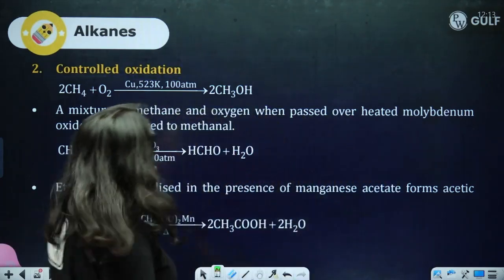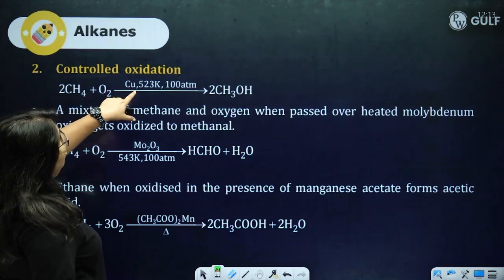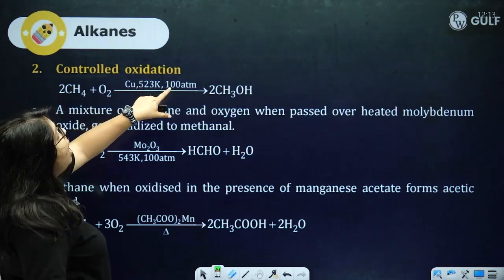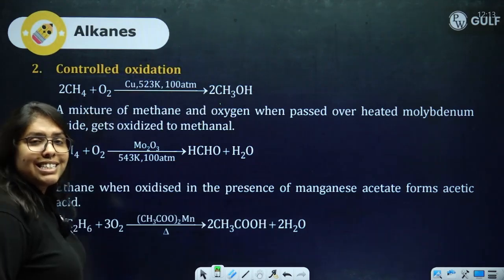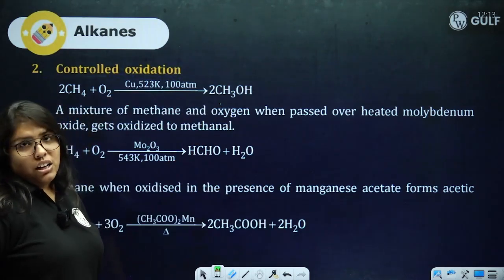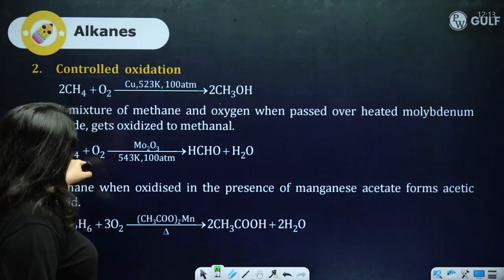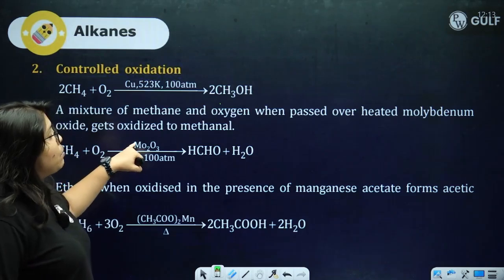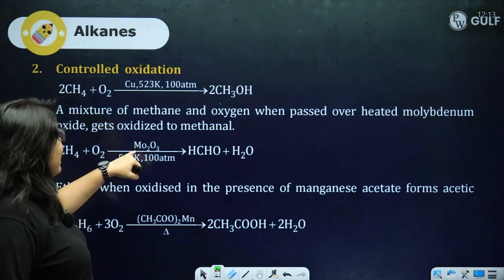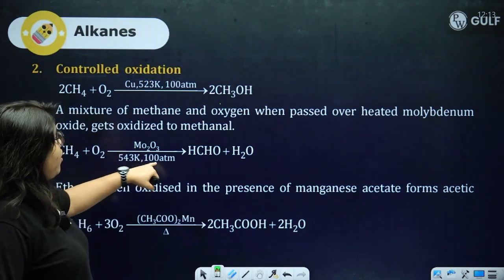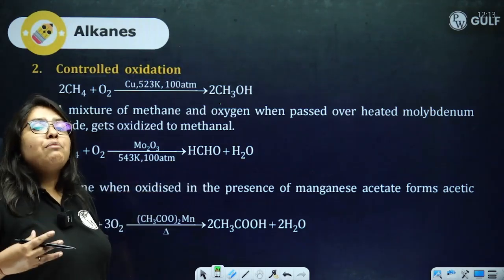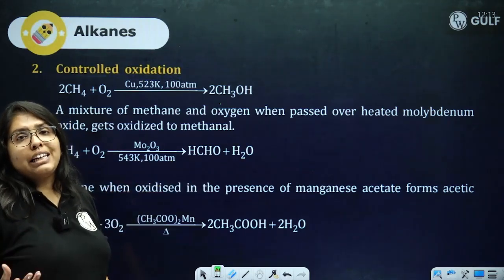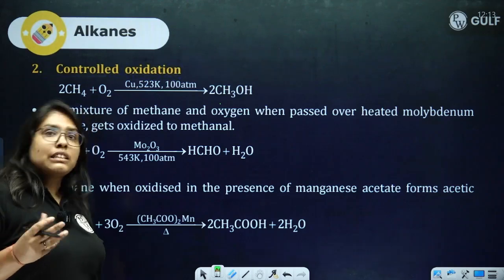Like you see over here, methane in the presence of copper at 523 Kelvin, 100 atmosphere is giving us alcohol, that is methanol. Whereas methane reacting with molybdenum oxide at 543 Kelvin and 100 atmospheres gives rise to methanol. So, you see, it's controlled with the help of the catalyst that you're using, different catalyst, different product.